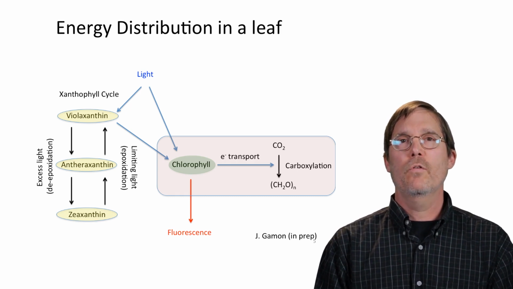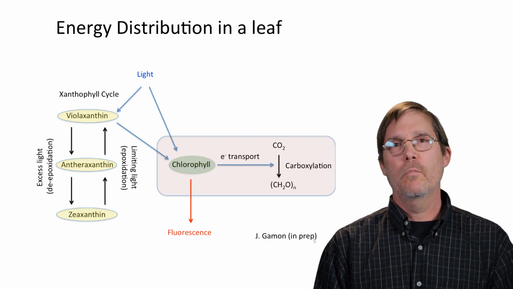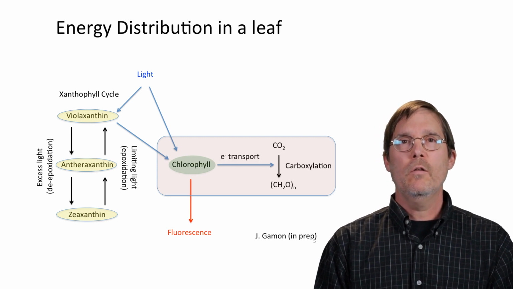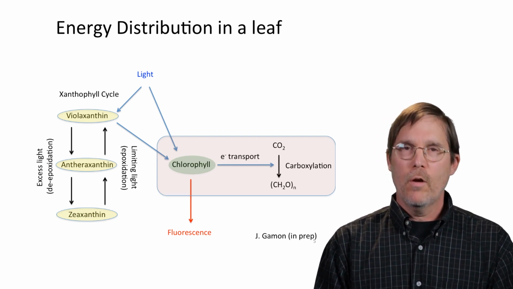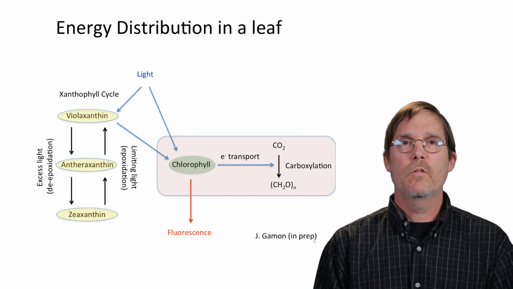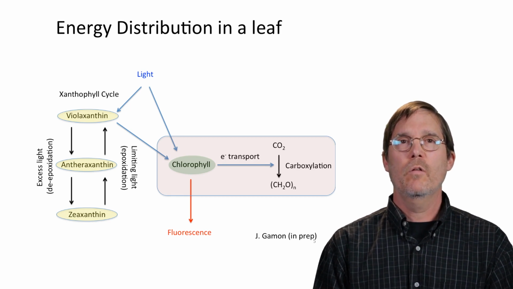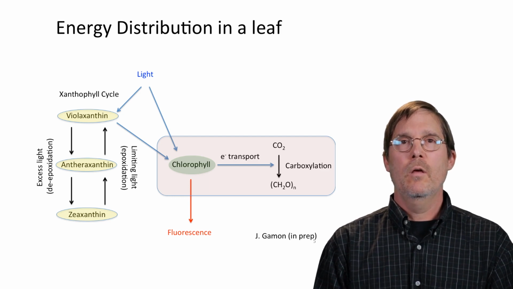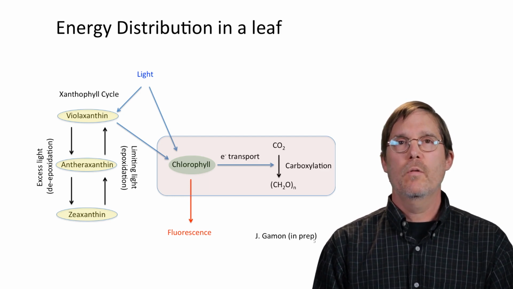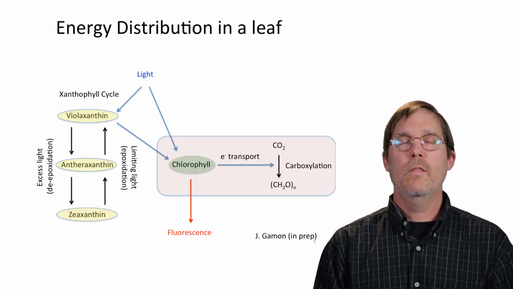That's where the xanthophyll cycle shown on the left comes in. Under extra light, the pigment violaxanthin is converted to antheraxanthin and then to zeaxanthin. That's called deepoxidation. Under limiting light, the reverse pattern happens, and that's epoxidation. That happens on a diurnal basis as the light changes.